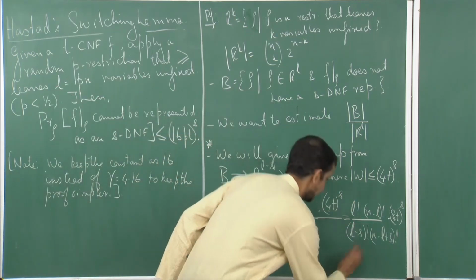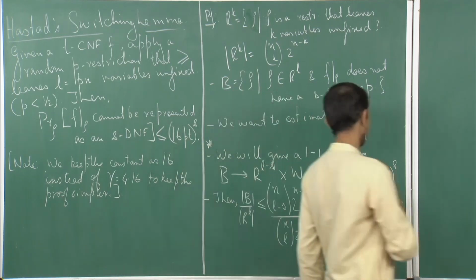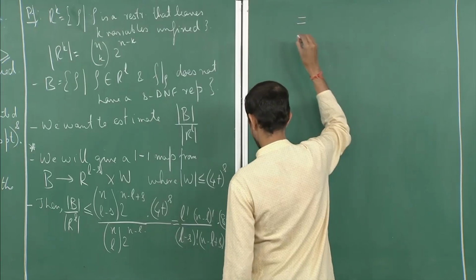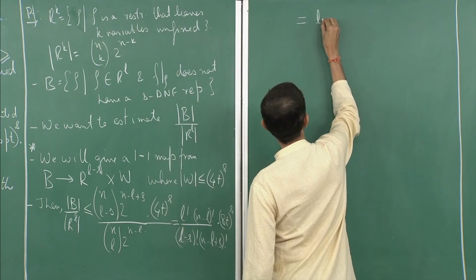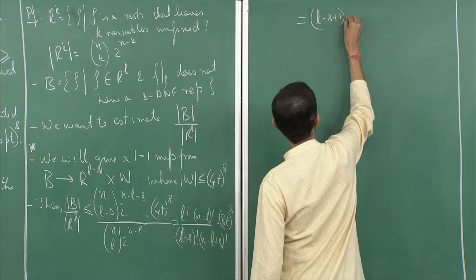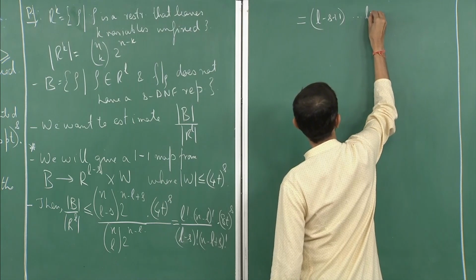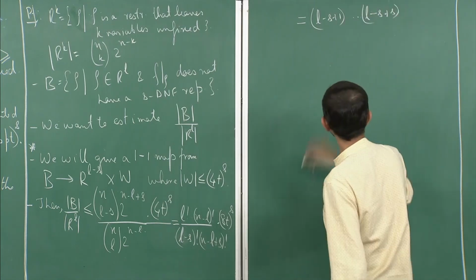So note that we can write this as, okay, let me do it here, is equal to L minus S plus 1 up to L minus S plus S. So product of these terms.